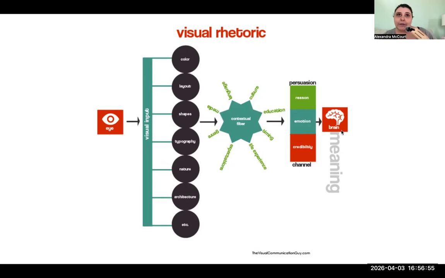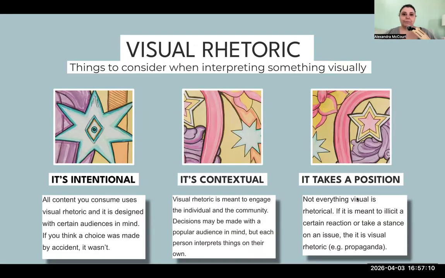So visual rhetoric is more than just creating something for vibes. It can be, but it requires several steps of cognitive processes in order for us to eventually make meaning. The things I want you to remember when it comes to visual rhetoric: first, visual rhetoric is intentional.